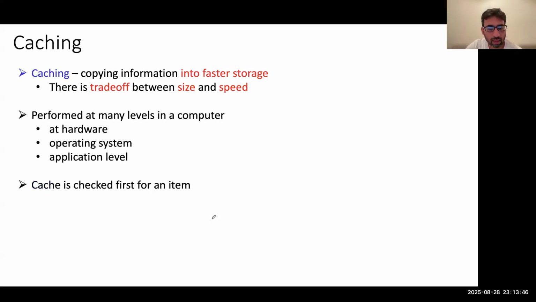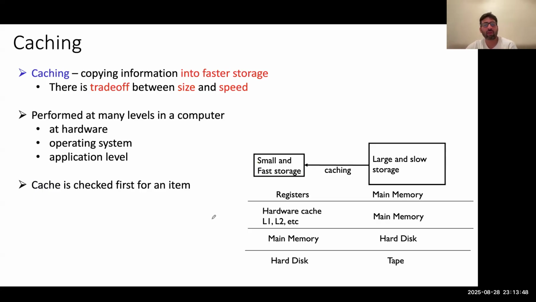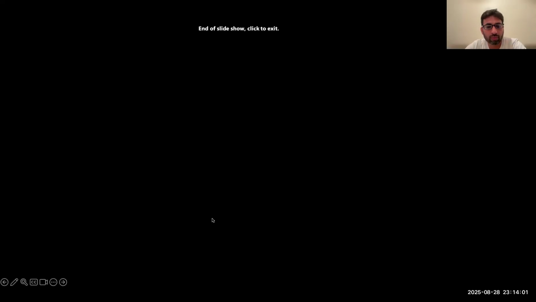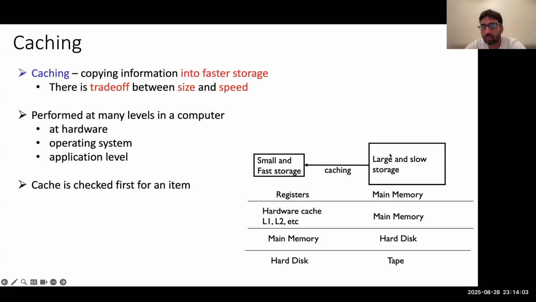So the basic idea is that if you are caching an item in the hierarchy, you first check that cache level, and if it is not found there, then you go down to the next level. For example, here on the left side in this figure, you have memory hierarchy levels which are small and fast storage.